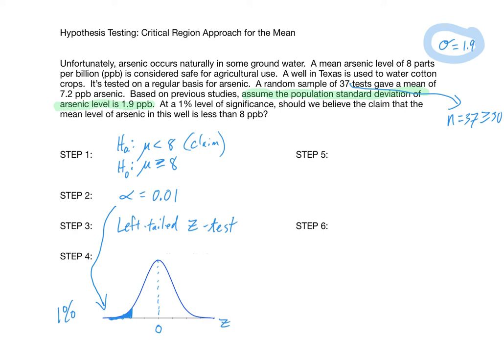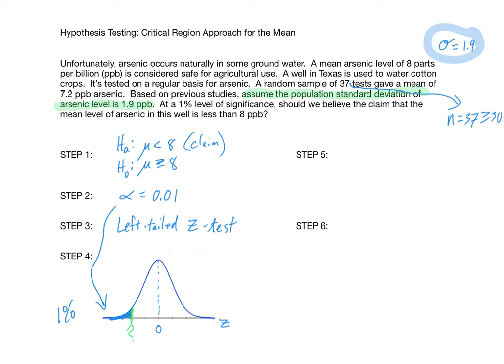We could jump right to getting the critical values, but now we actually have to do some extra work to get the critical values because the standard normal distribution table does not give you the critical values. Remember, in the heart of the standard normal distribution table, what you get are areas to the left of a particular z-score. So ultimately, to find this critical value right here, we need to find the z-score that has 1% of the area to the left of it under the standard normal distribution curve.